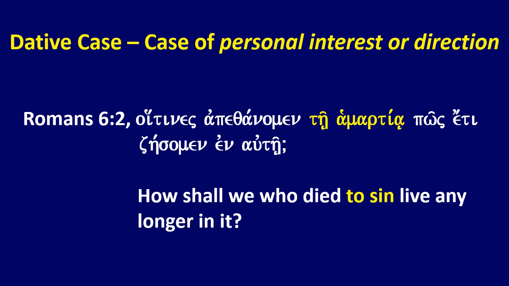But for instance, would this make sense? How shall we who died for sin live any longer in it? No, we didn't die for sin. Christ died for sin. But how shall we who died to sin, to our sin nature, live any longer in it? That makes much better sense. So you would translate it with the word to instead of for.